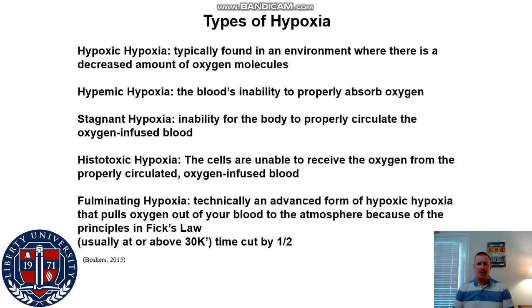So fulminating hypoxia, like the slide says, is technically a form of hypoxic hypoxia in that it pulls oxygen out of your blood to the atmosphere because of the principles of Fick's law.